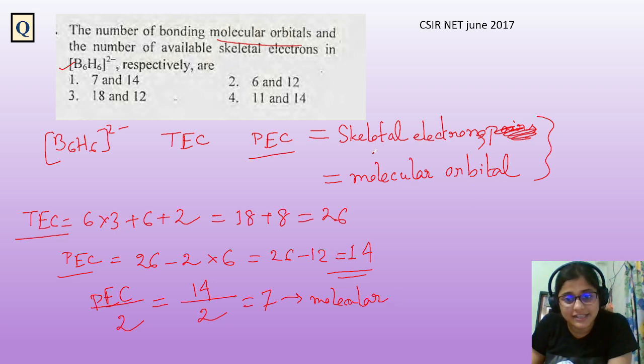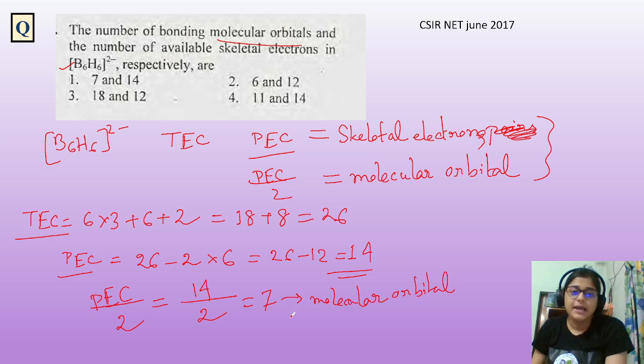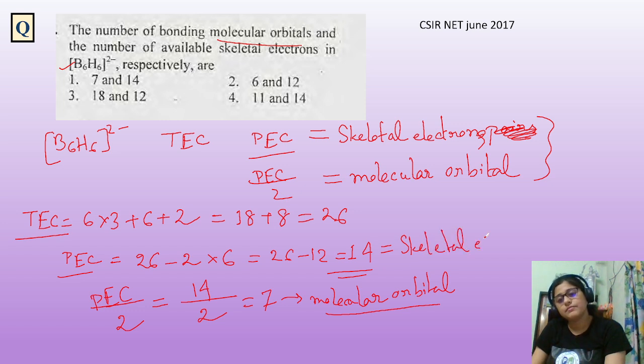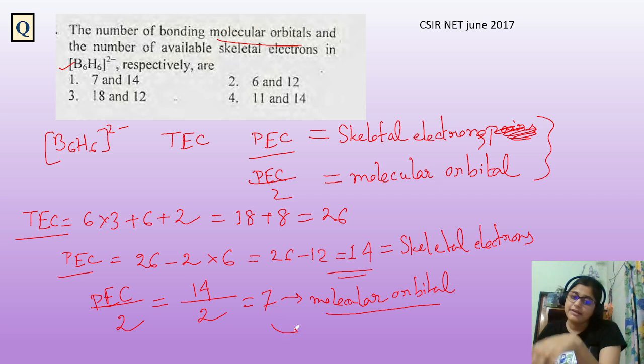This is the skeletal electrons, the PEC, and this is the molecular orbital. So PEC by 2, okay, is the molecular orbital. The molecular orbital will be 7, and the PEC is equal to the skeletal electrons, or this is the skeletal electron pair.